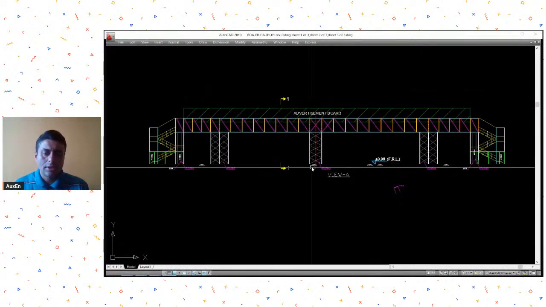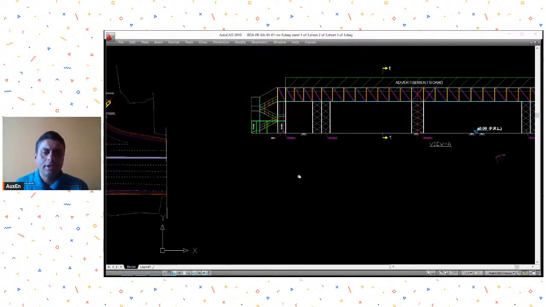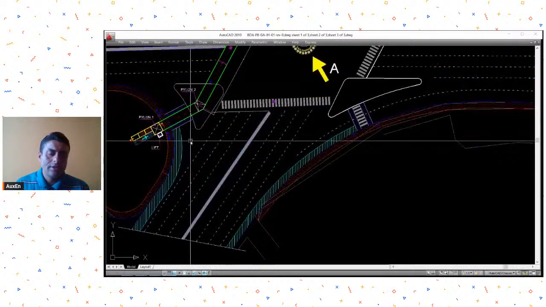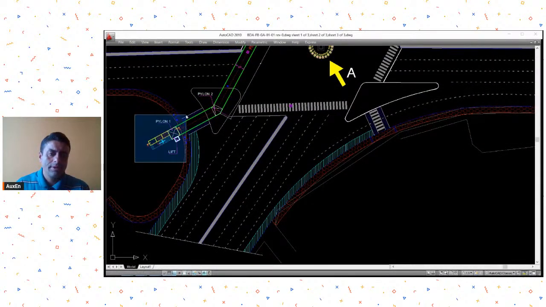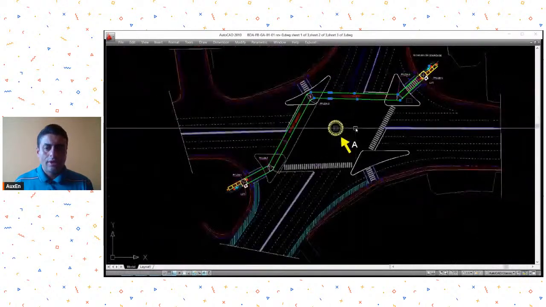This is not a single elevation, it's a complete developed elevation. Don't worry about this structural system right now. We will try to come up with a different structural system. And then these are the staircases. One will be this staircase, and the other will be this staircase. So this is the pedestrian bridge that we are going to take up.